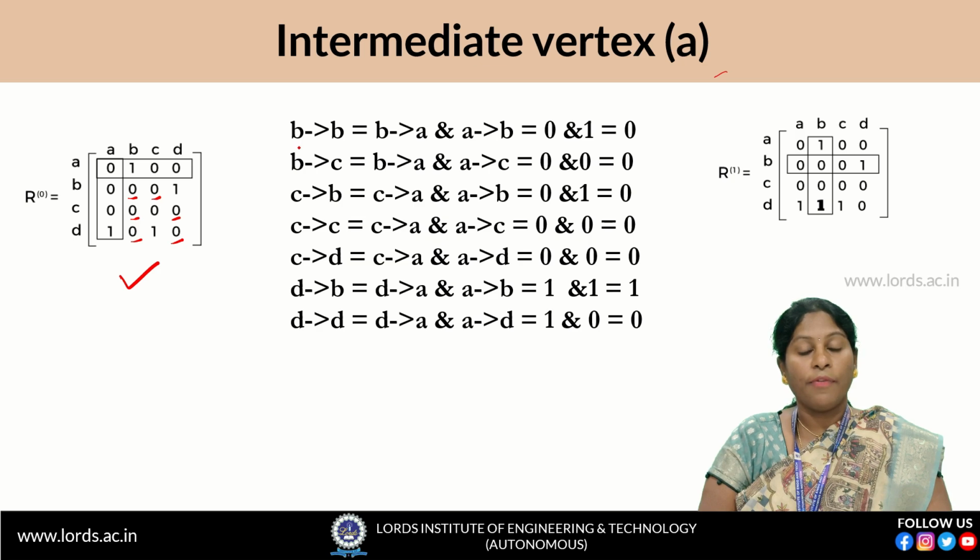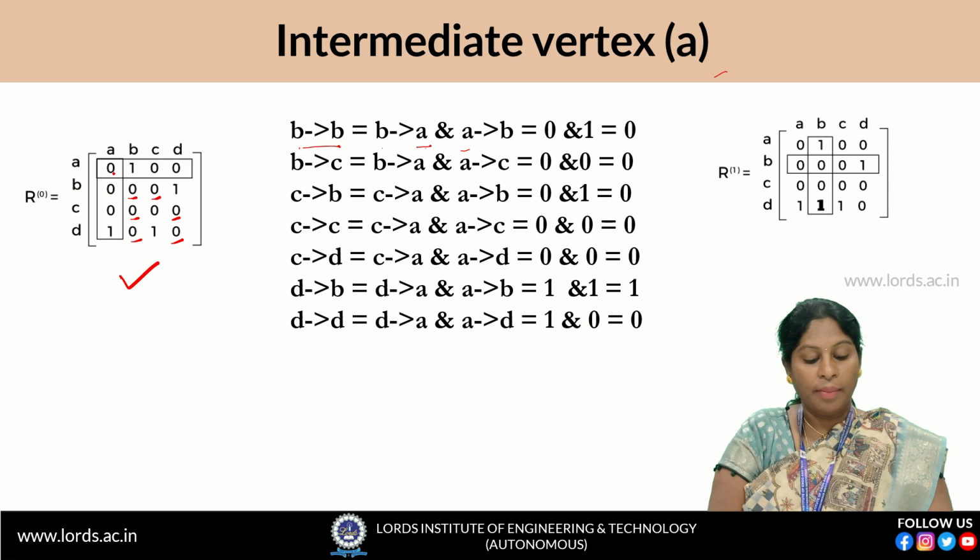Now we are finding a transitive closure for B to B. How? By giving an intermediate vertex A. Here, B to A. What is the B to A? B to A is 0. What is A to B? A to B is 1.